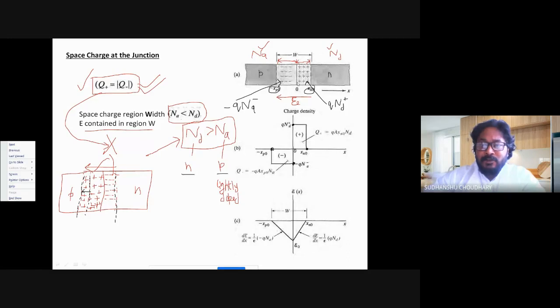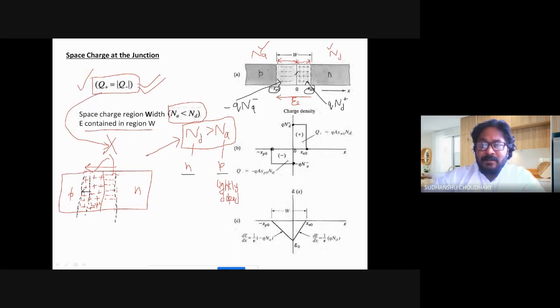So the total charges can be found by simply multiplying this area by the charge density in this area. Now this area is obviously equal to Xn0 multiplied by this dimension.